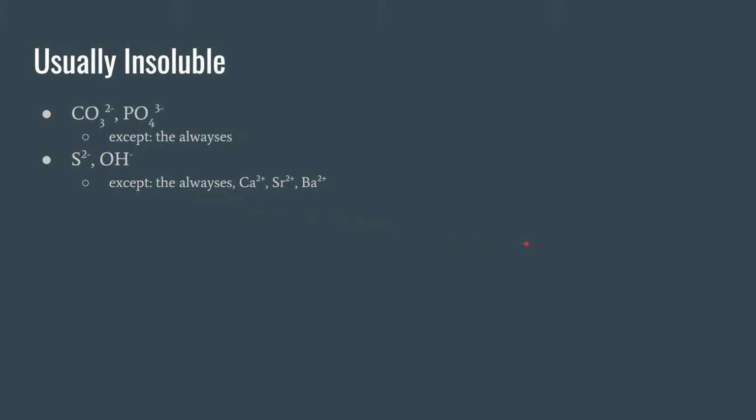Now, these guys are usually insoluble. Carbonate and phosphate are usually insoluble. The most common form you're likely to encounter carbonate in, around here anyway, is limestone. This is what is responsible for hard water.